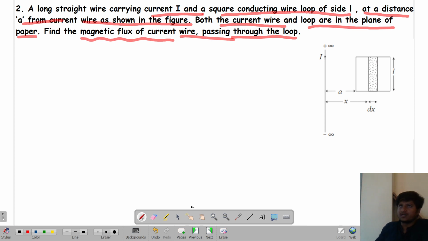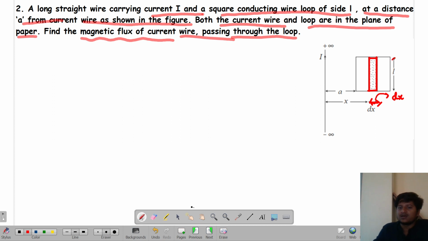Was it easy to calculate, or did you need to first consider a smaller element? Yes or no? So first, this is my square plate. In that square plate, I will select one smaller element, and consider that this smaller element has length dx over here. How much is the length? dx. What is the length of this smaller element?